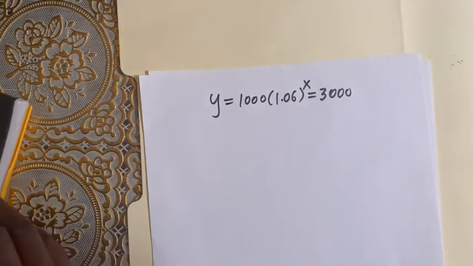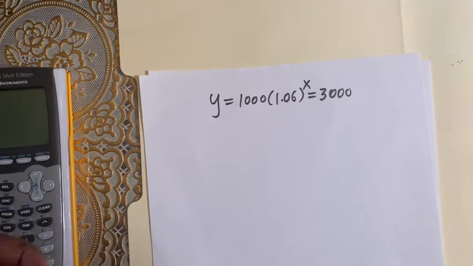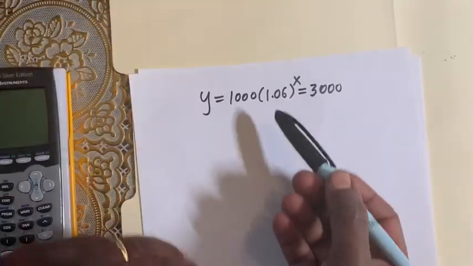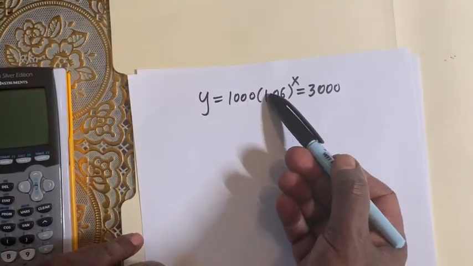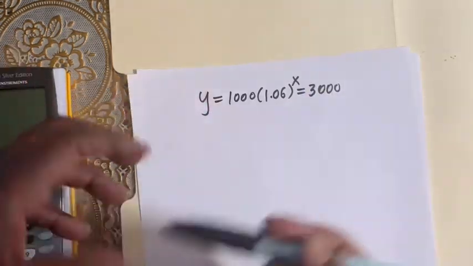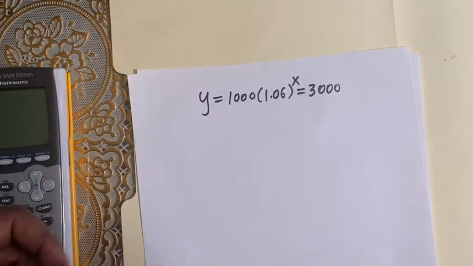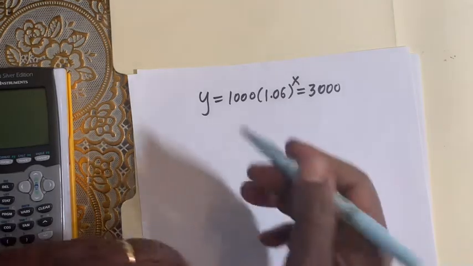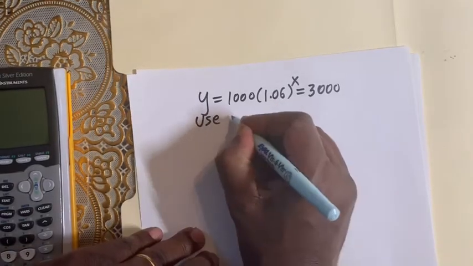One simple way, even though we can use graphing by making this equation with y equal to 3000 and finding the intersection, the easiest way is to use the table feature.